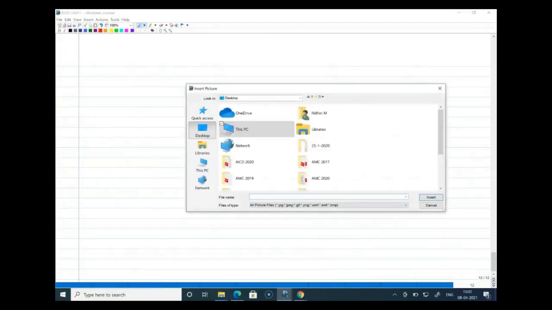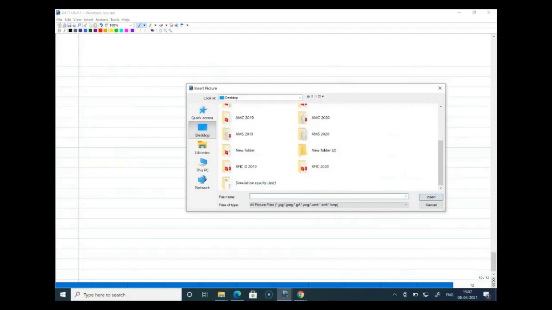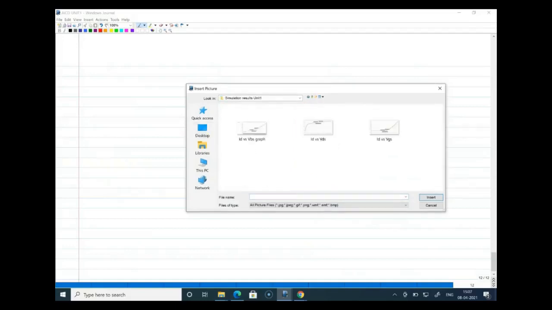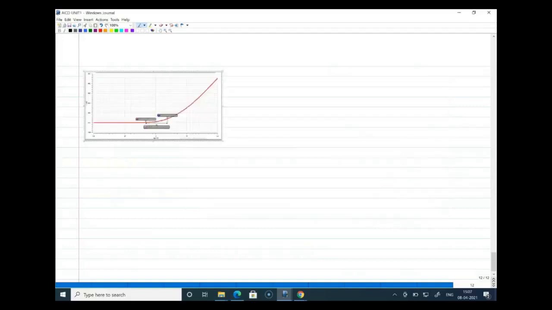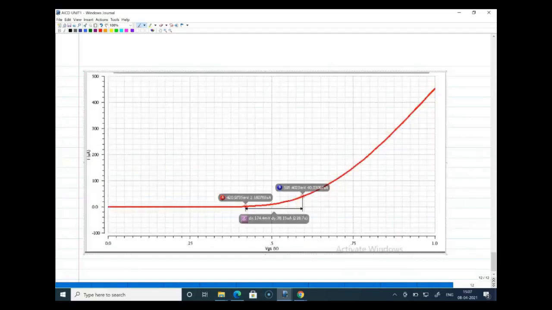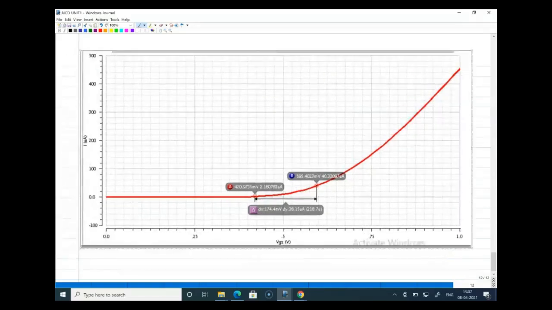Now I wanted to show a simulation of the MOSFET characteristics, but there is an issue with the simulator. I have the simulation result right here. So what you are seeing on the screen is the ID versus VGS graph of a MOSFET.